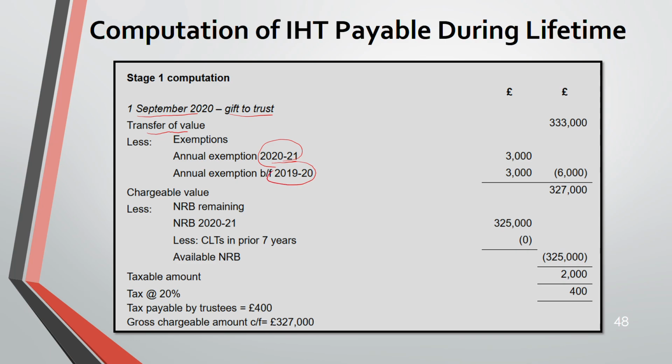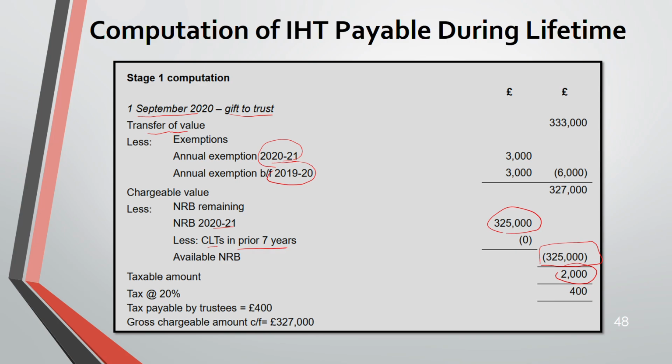Then since this is the first gift, you'll be having the full nil rate band available. See from here 2020-21 nil rate band, you have to see whether you have made any CLT, chargeable lifetime transfer, that means any gift to trust in the prior 7 years. PETs are not considered. You have not made any, that's why it's 0. So your full 325,000 nil rate band was available, which you have deducted. This is the amount. Who is paying it?